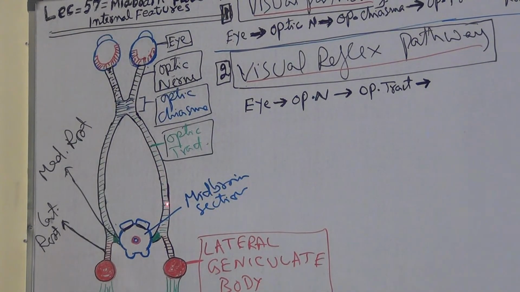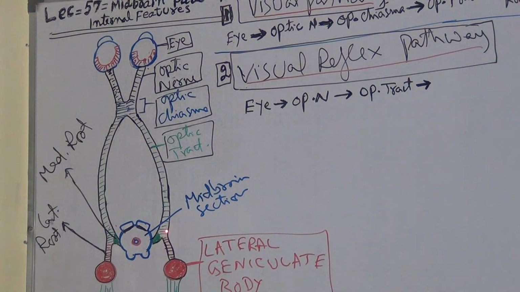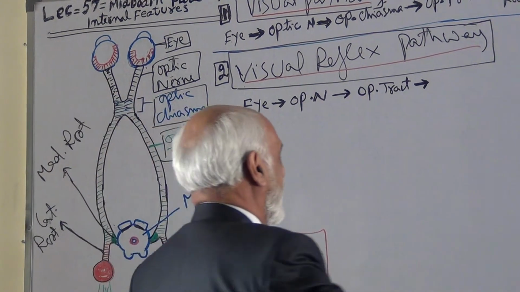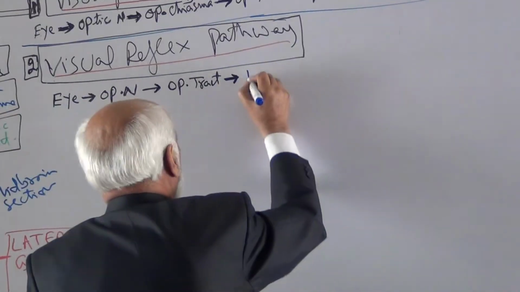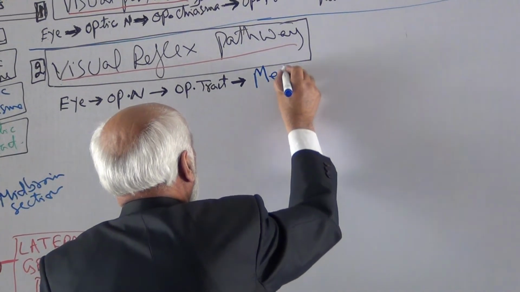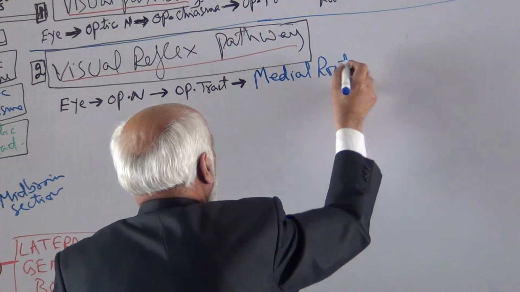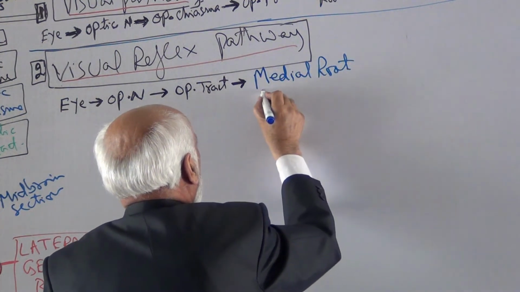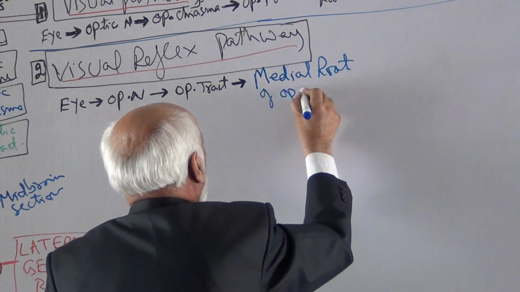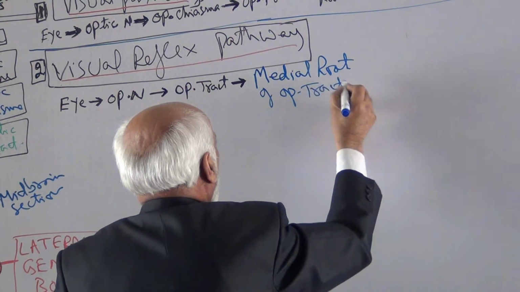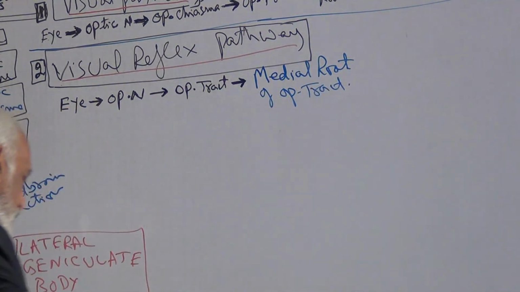The visual pathway impulses pass through the lateral route of the optic tract, but the visual reflex pathway passes through the medial route of the optic tract, not the lateral route.